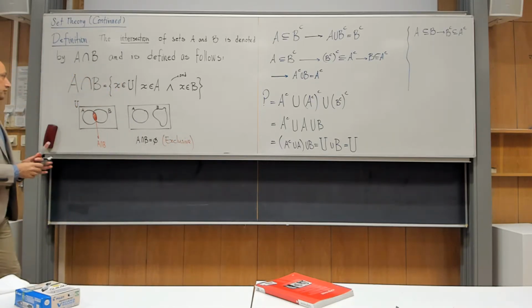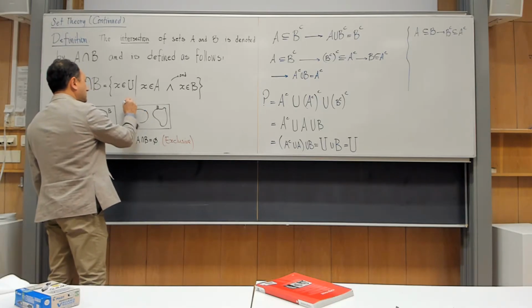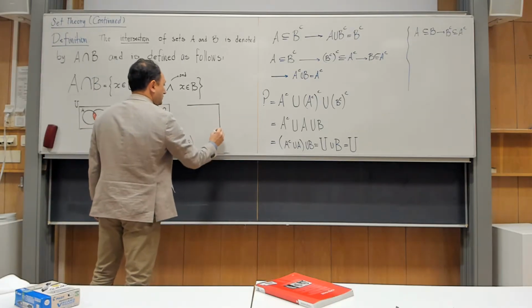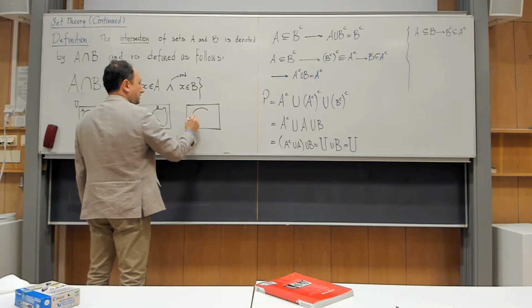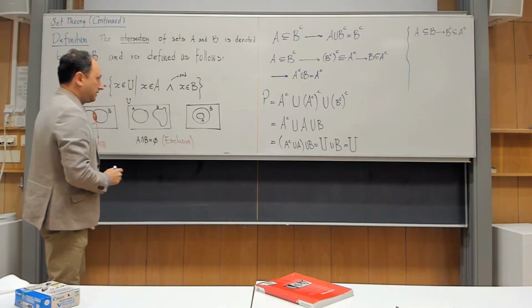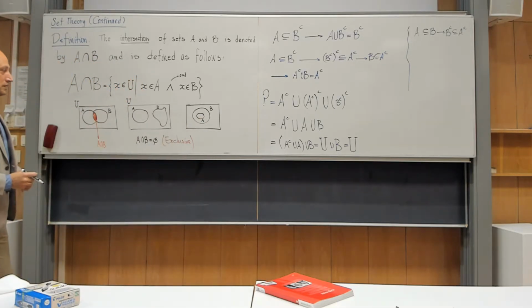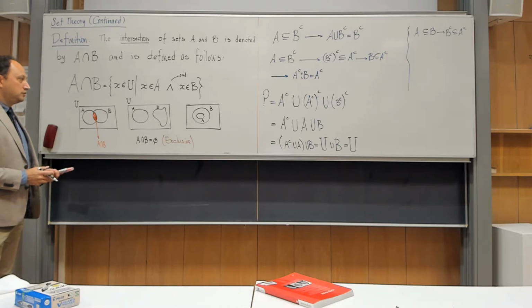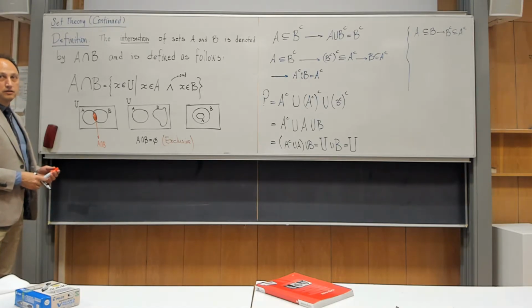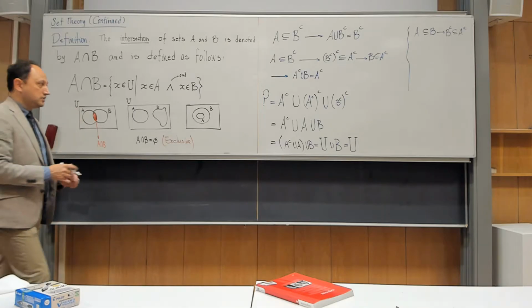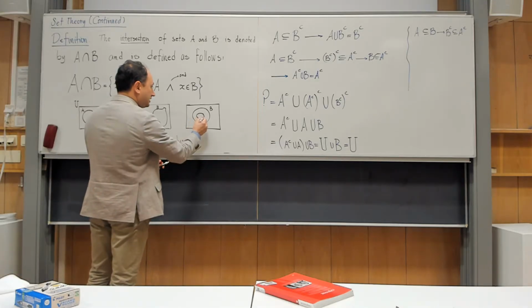What happens if I have this situation? Assume this is B and A is inside B, so A is a subset of B. Where would A intersection B be? Just A itself.